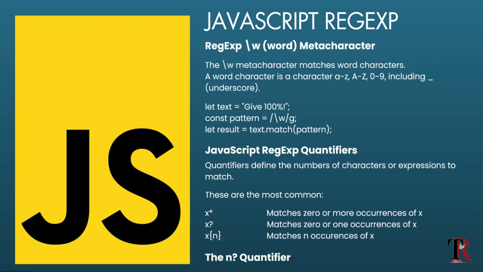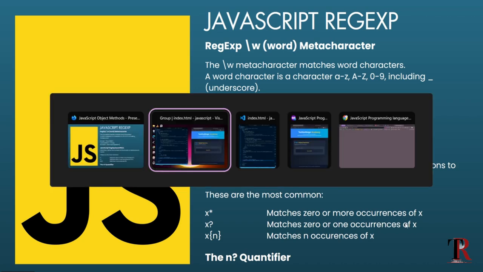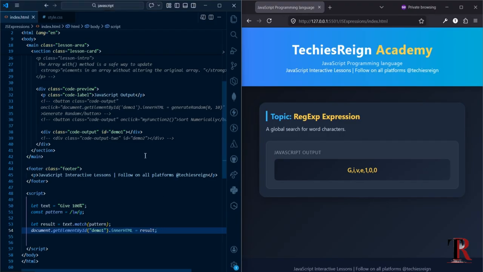So let's look at an example by doing a global search for a pattern in our code. So I'll pull up my code editor again, and this time around, I want to do a global search for 1 followed by 0 or more 0 characters. So let's take a look.